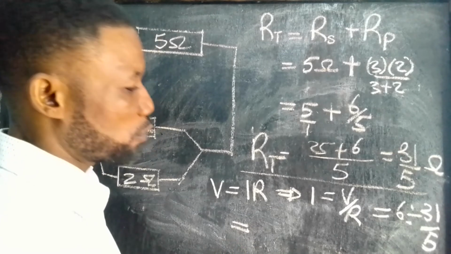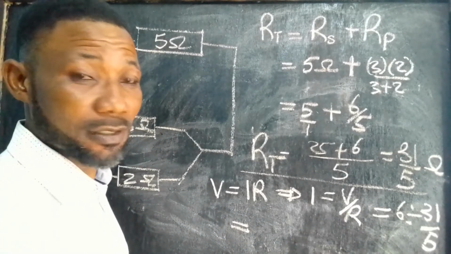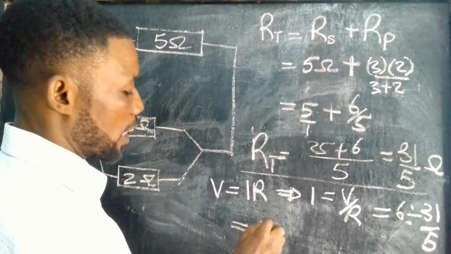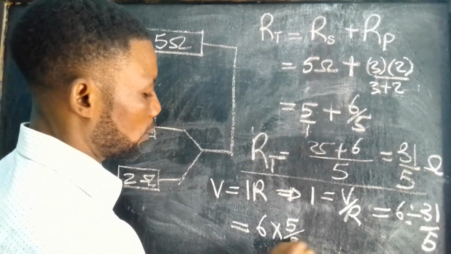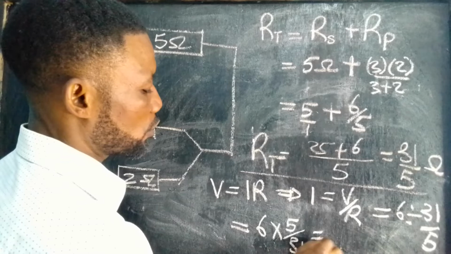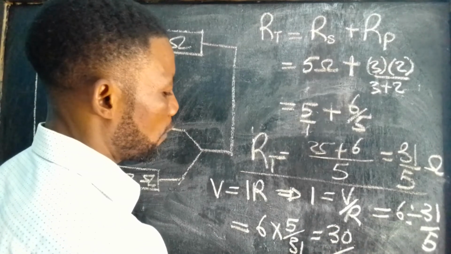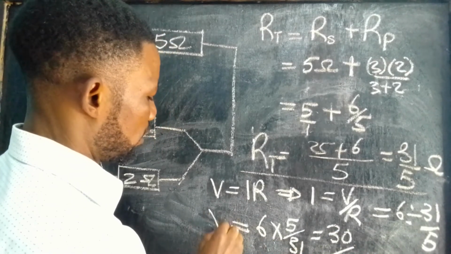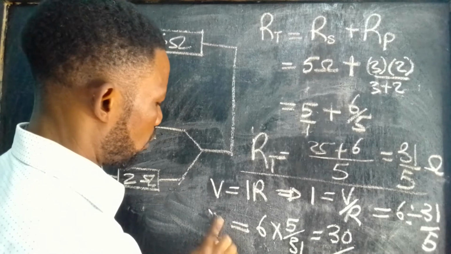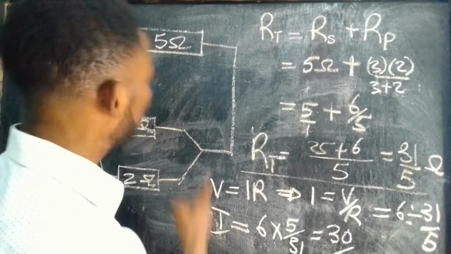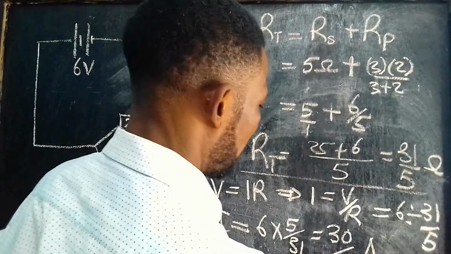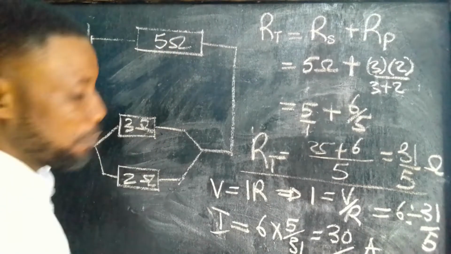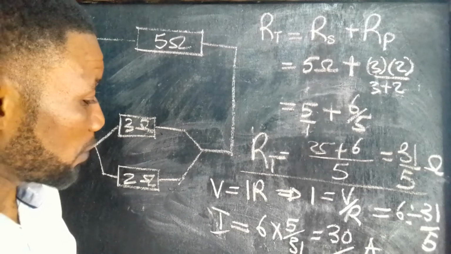From our simple simplification from mathematics, we now have 6 times 5 on 31, which is going to give us 30 on 31. This is the current drawn from the cell, in amperes.